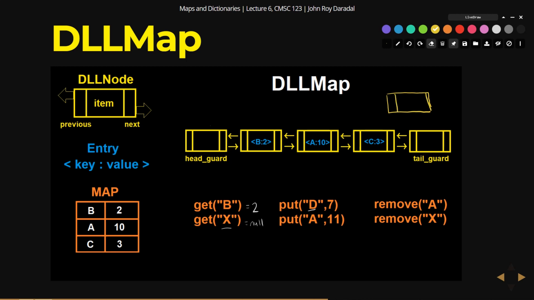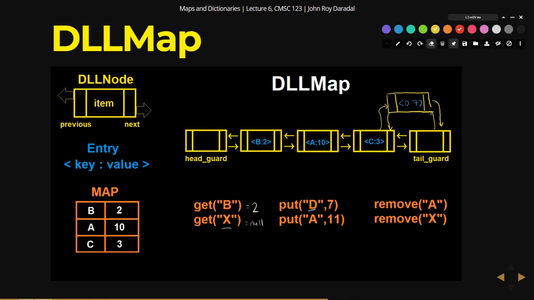And then we'll add the entry D7 inside. So this is D7, and then we will add it to the map. So how will we add that? So we will link C3 here and link D7 here, then link D7 to the tail guard and the tail guard to the new node, and then this 2 would be erased already.